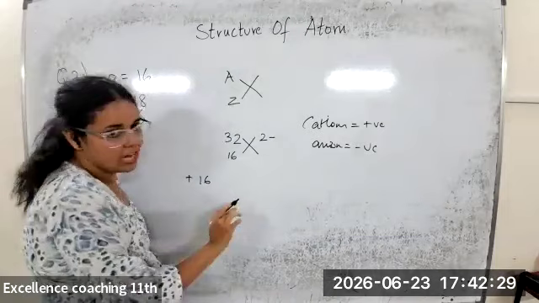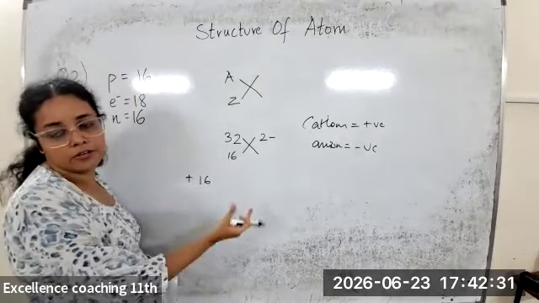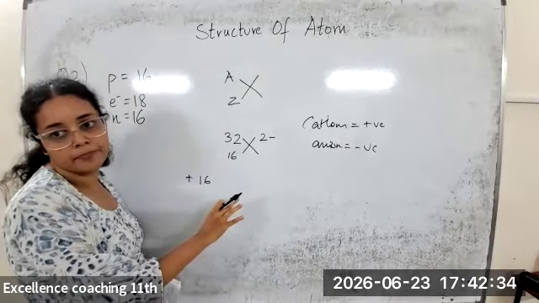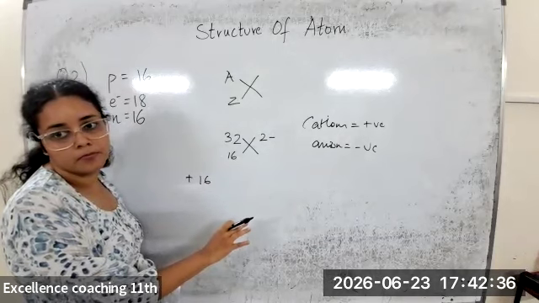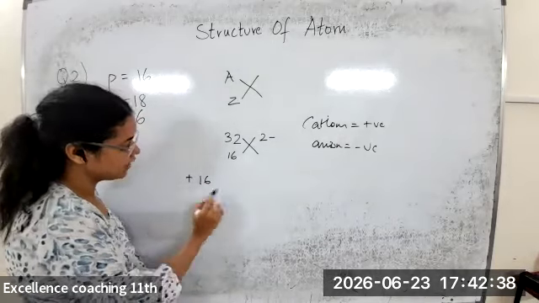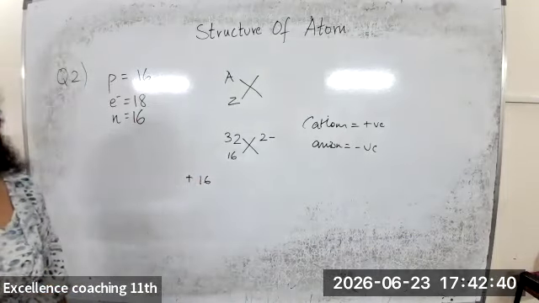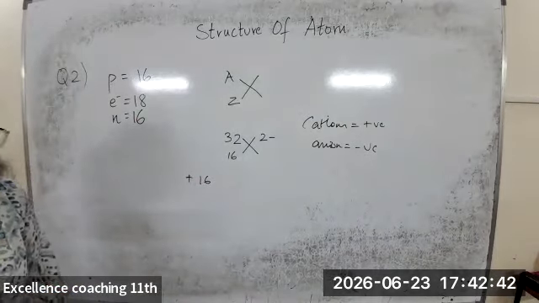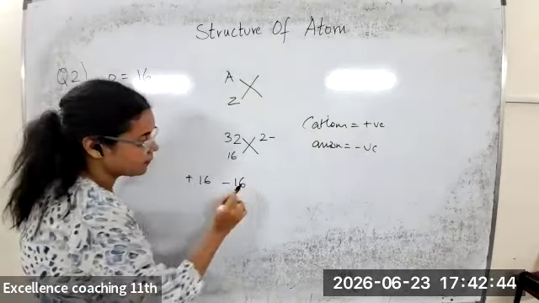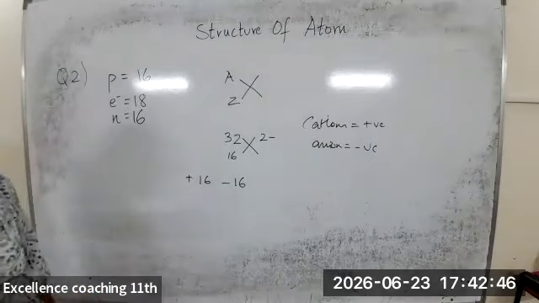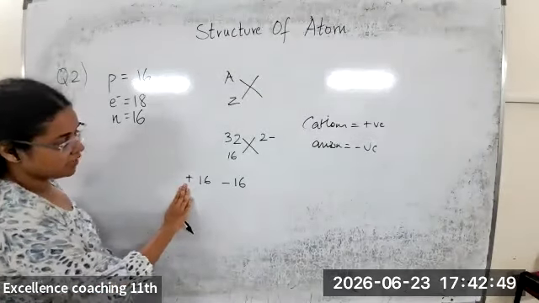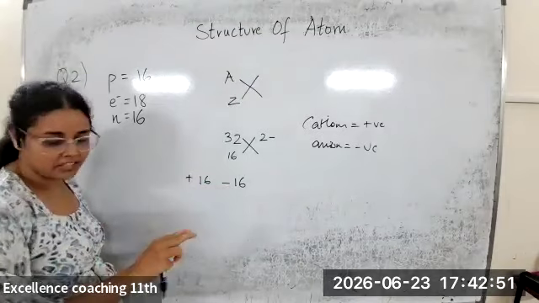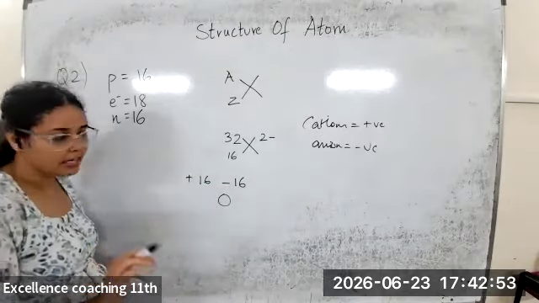To balance this out, to get it to null, how many electrons will I require? 16. So this will be minus 16, so plus 16 minus 16 will balance each other and it will become 0.